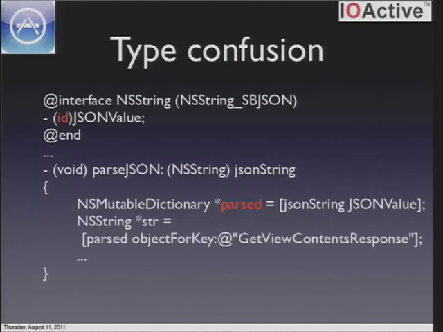And then generally what people do is something like, JSON string of JSON value, and what comes back is an ID value, and you say, oh, it's a dictionary, and you just start calling arbitrary methods on your dictionary, which is wrong because this JSON deserializer doesn't have to return a dictionary. It can return an array, a string, a Boolean, or an integer. So even though you think it's a dictionary, it may very well not be, depending on the JSON data that was sent through your application.